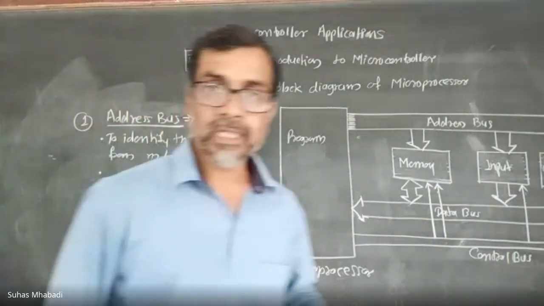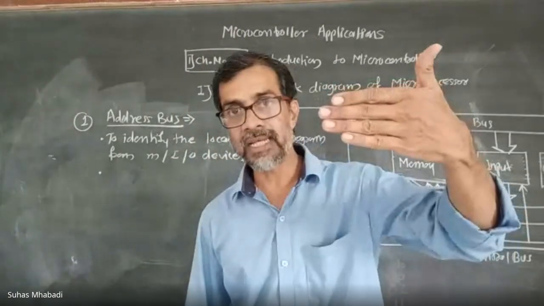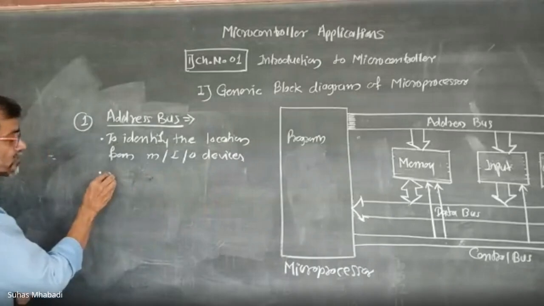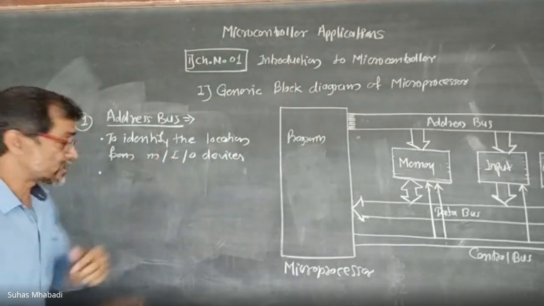It is called a bus. Bus means what? It's a bunch of lines. Number of lines, wires are there. So this consists of a number of wires, those are called address lines.